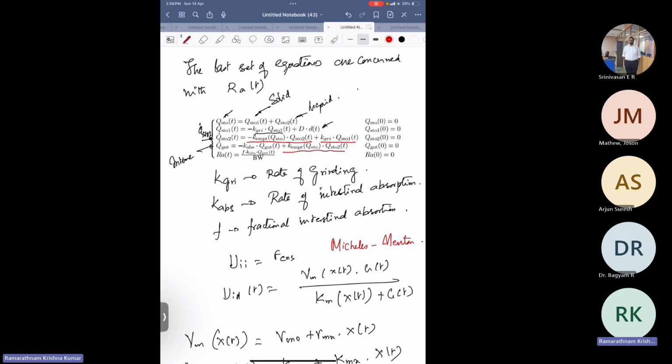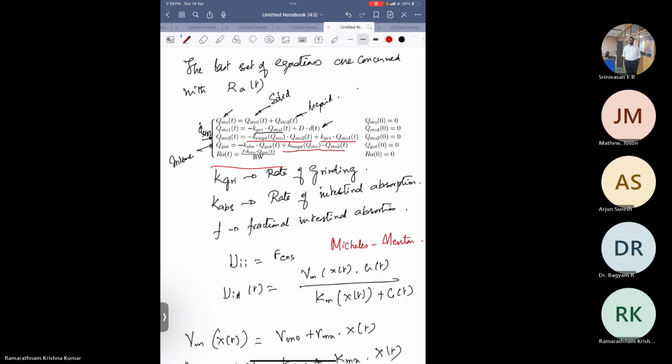So RA is actually that intestinal absorption, a fraction f of which is converted, is what is called the RA. So essentially, in those 5 equations, we have modeled how food products are absorbed within this. Is that clear?